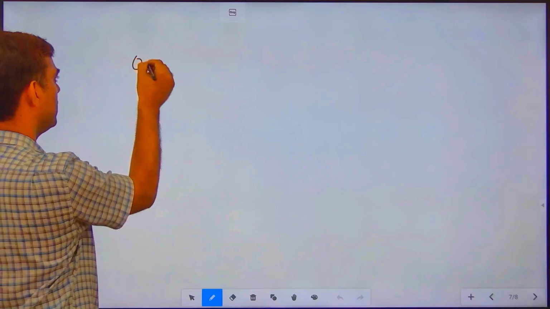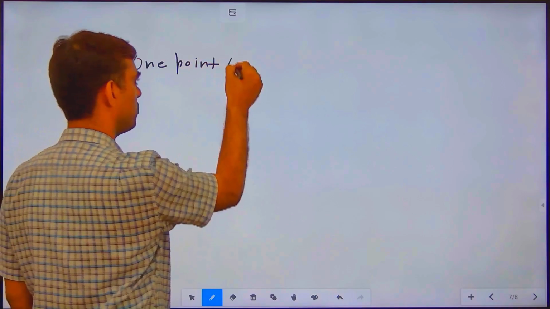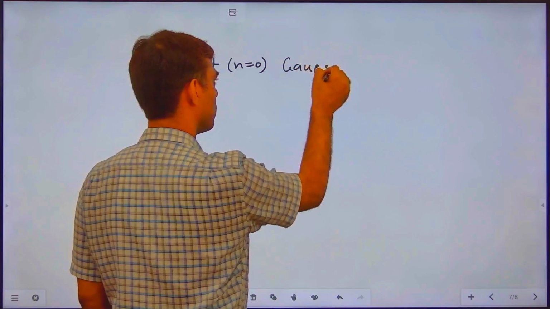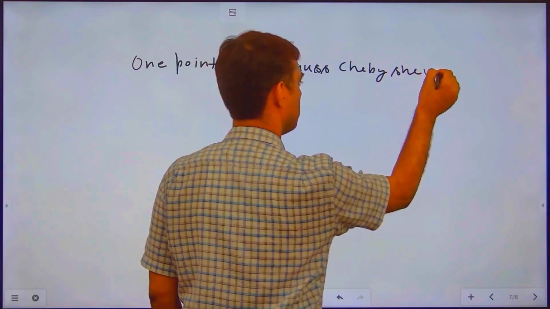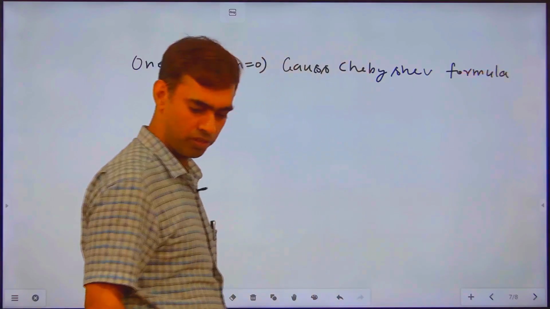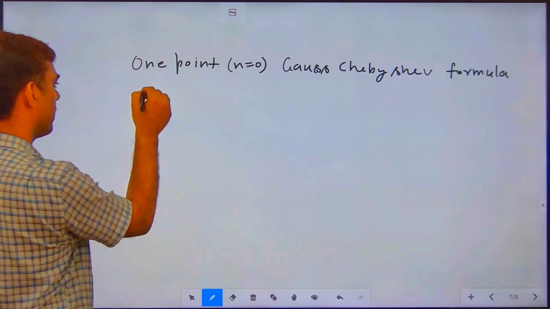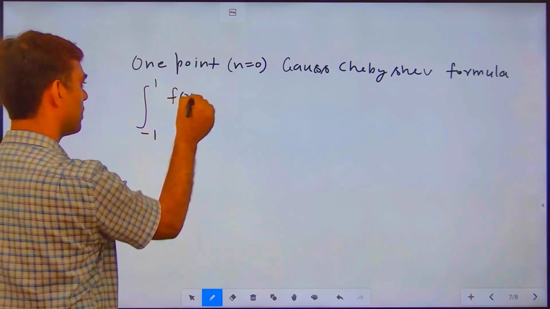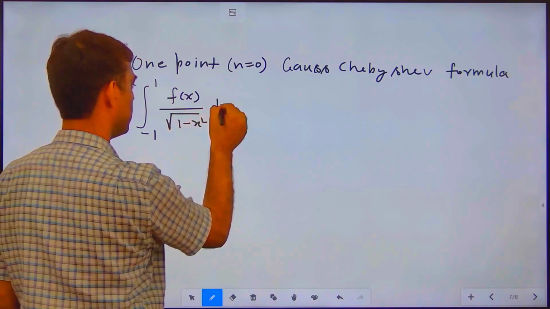Here we write the 1 point, or you may say n equal to 0, Gauss-Chebyshev formula. So, what is the 1 point Gauss-Chebyshev formula? The form of the integration is the integral from minus 1 to 1 of f(x) upon under root 1 minus x square dx.